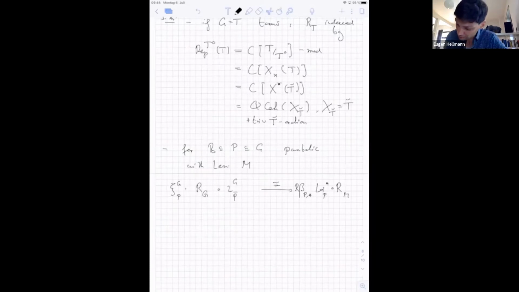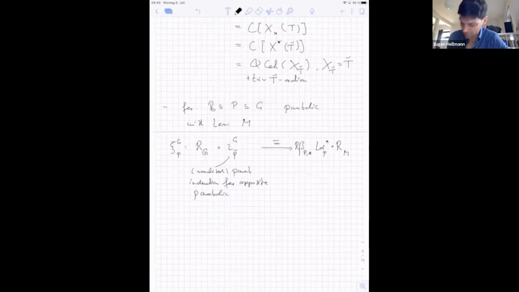And so what are the players here? So this is the normalized induction for the opposite, for some technical reasons, parabolic. And what are alpha and beta?